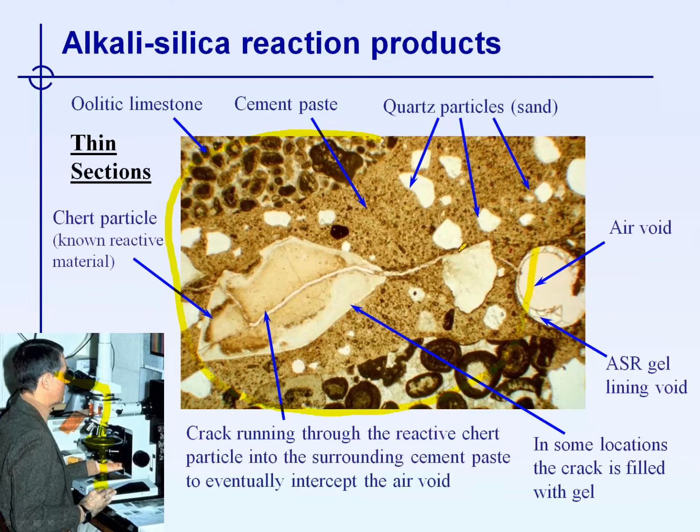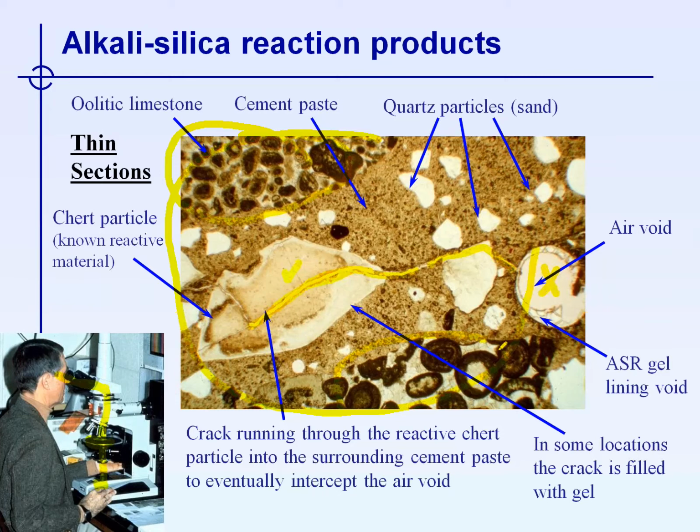So this is the view that the petrographer will have of a concrete here affected by ASR, where ASR is present in the sand fraction. The coarse fraction of the concrete is a limestone, a non-reactive limestone in this case, and the sand fraction includes chert that is reactive, and you can see here cracks in the chert particle that run from this reactive particle through the cement paste.